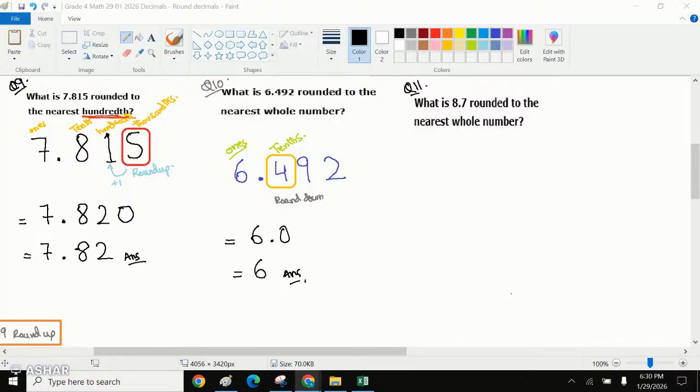Okay, so we know that we have a 9 as the answer. Very good. Because 9 is on the whole number position. Agreed? Thank you for the answer.